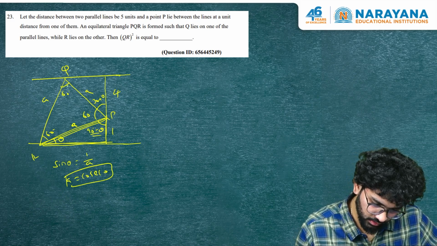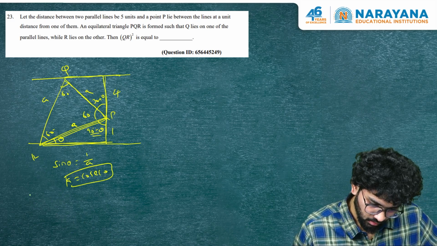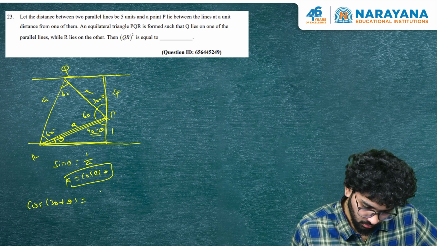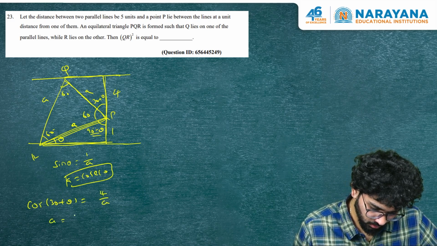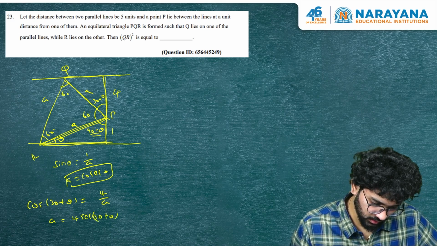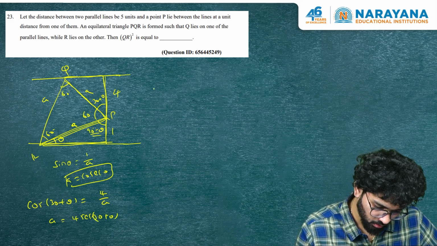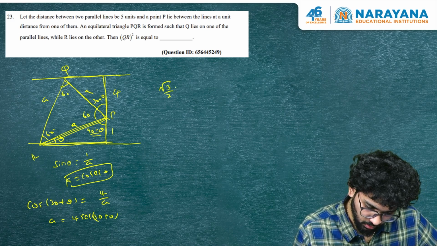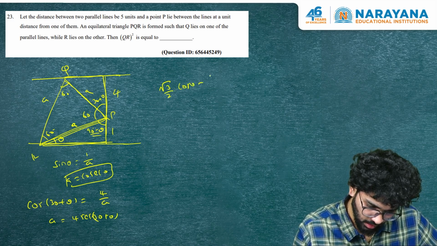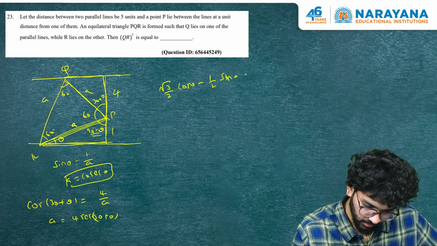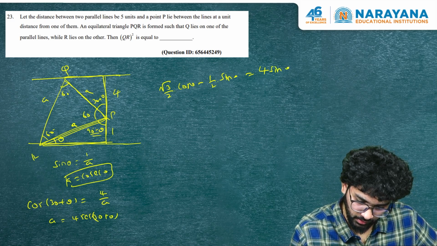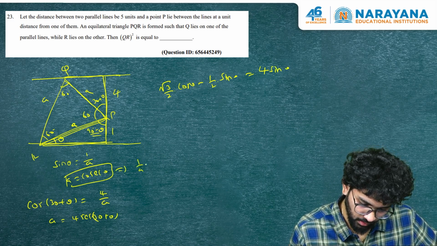Now if I am taking with respect to this triangle, that is cos 30 plus theta. Cos 30 plus theta will be 4 by A, which means A is equal to 4 secant 30 plus theta. So if I equate these things, cos 30 plus theta can be written as root 3 by 2 into cos theta minus 1 by 2 into sin theta, that is equal to 4 by A. From here I can write 1 by A equal to sin theta.